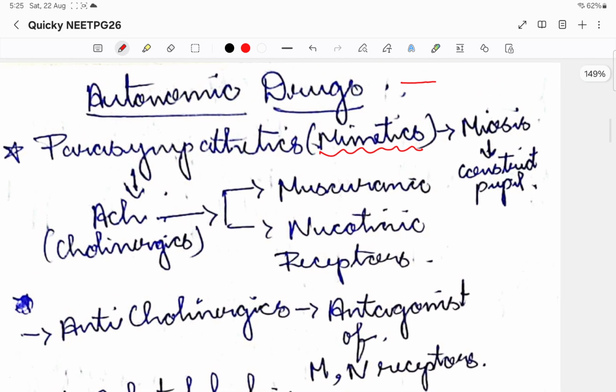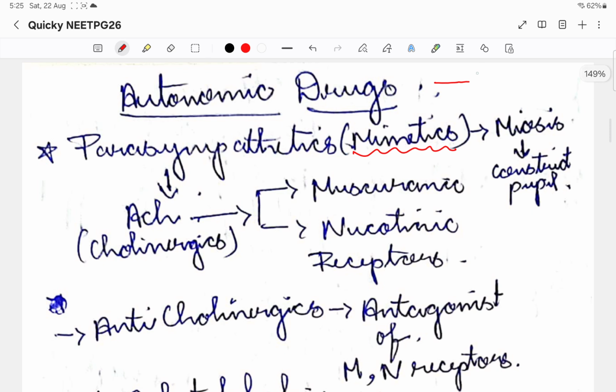Okay, so the parasympathetic system can be seen in the craniosacral region, whereas the sympathetic is in the thoracolumbar region. This is sympathetic, whereas the craniosacral region is parasympathetic.